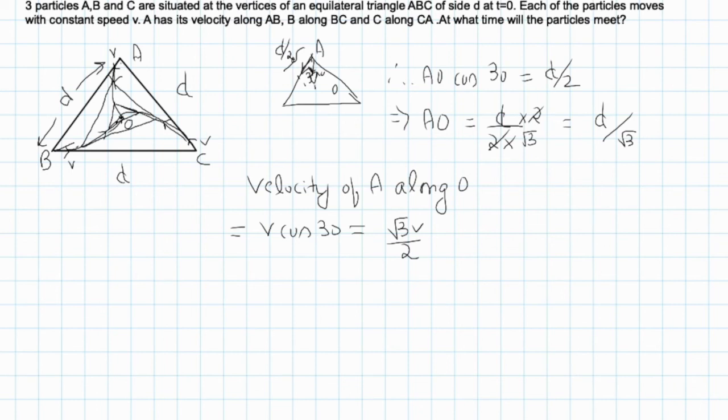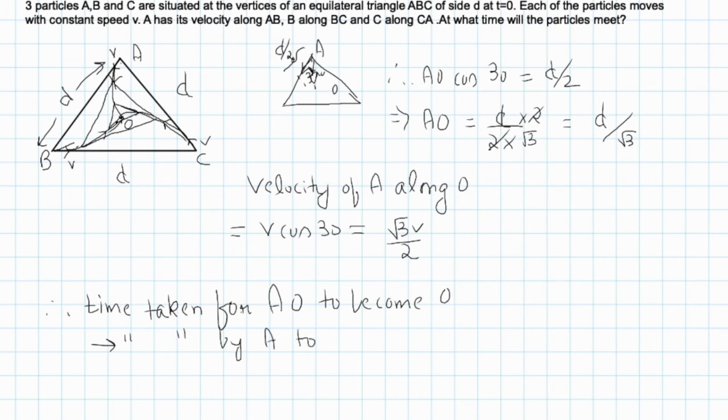Therefore, time taken for AO to become 0, or rather you can say time taken by A to reach O, is equal to D by root 3, the distance which we have calculated, by root 3 V by 2. So this is 2D by 3V. So this is your answer.